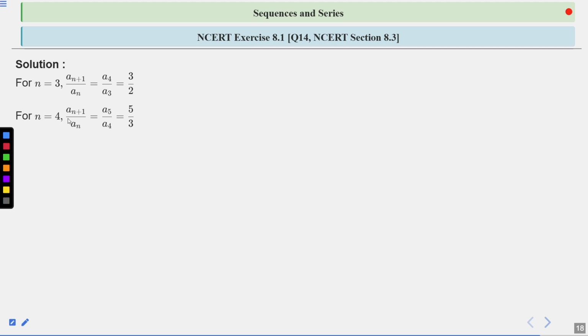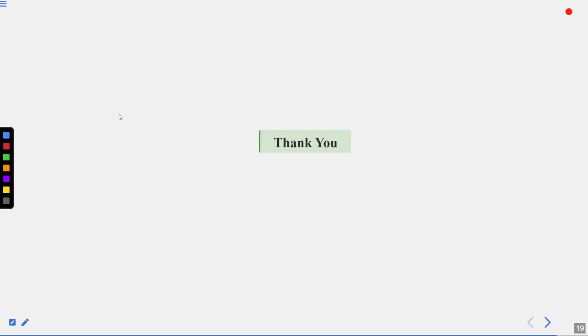For n equals 5, An plus 1 by An becomes A6 by A5, which becomes 8 by 5 from the previous values. I hope the explanation is clear. So this is it from this session. Thank you.